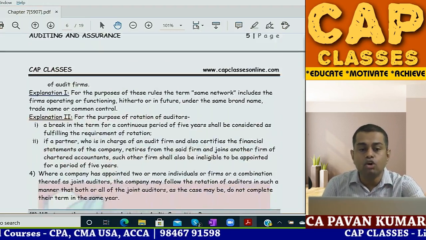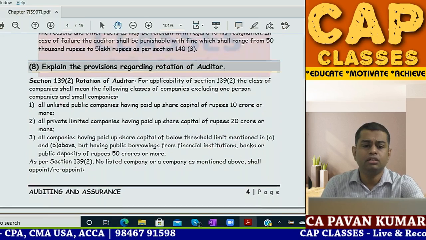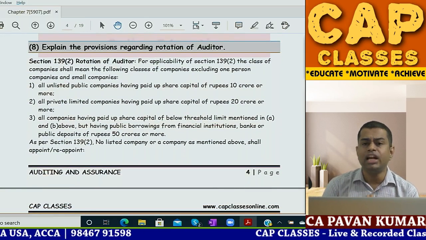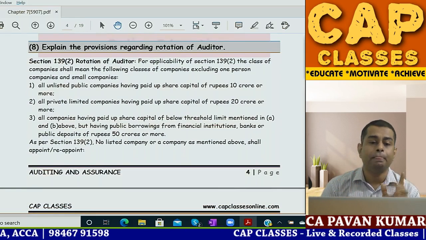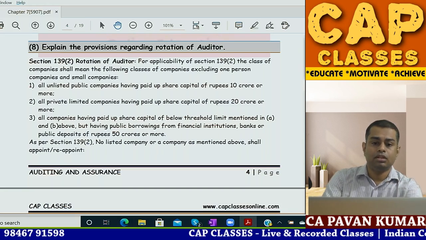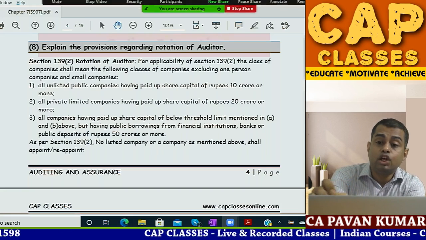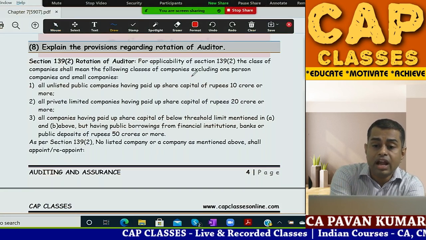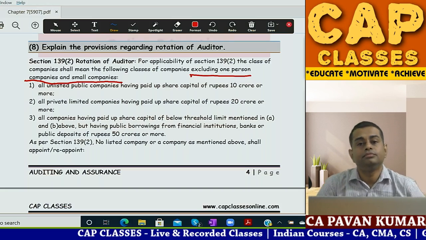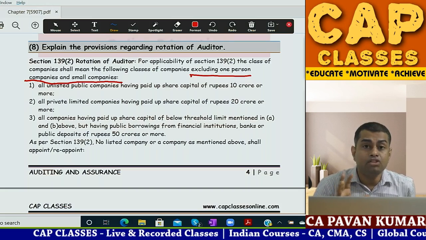Now let us go back to 8. What is the rotation? Simple. There is so much to be discussed, but I will tell you in a very simple way. Now look here. Rotation of auditors is applicable for the following companies, excluding, this can be an MCQ, excluding one person company and small companies. For one person company and small companies, it is not applicable.